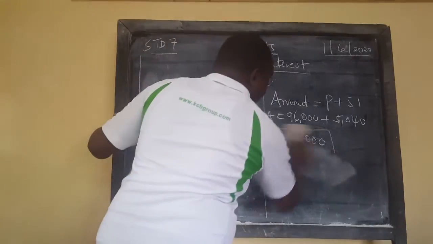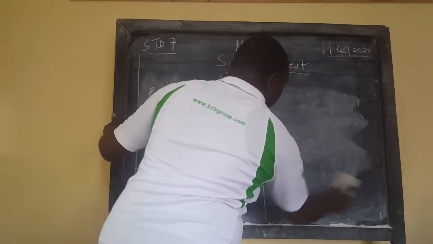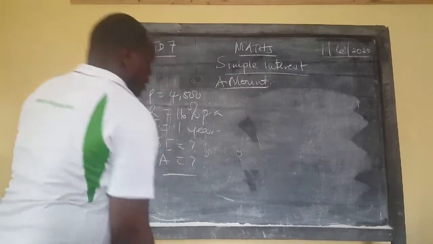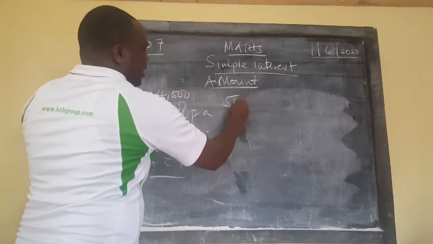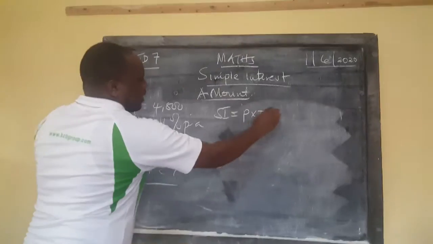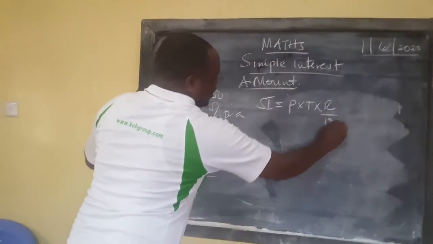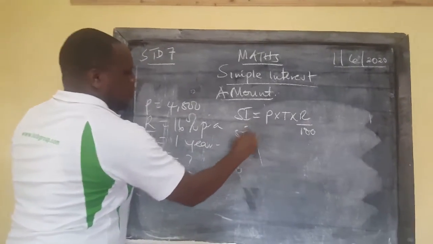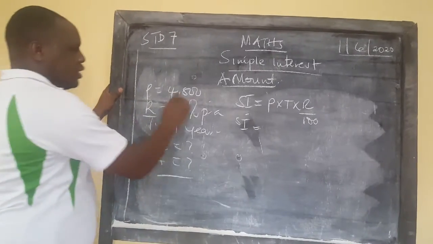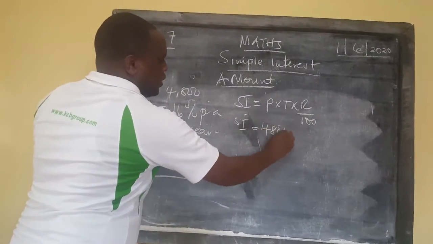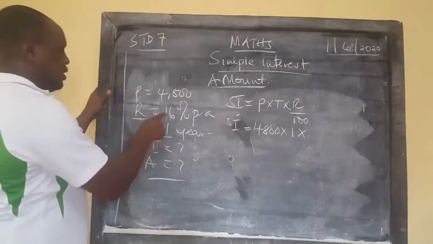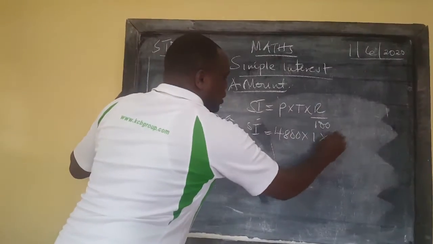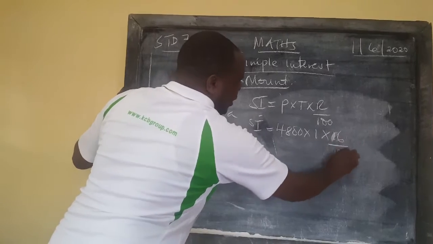So number one, we go direct to our working out. Simple interest will be calculated by the principal times time times rate over 100. Our simple interest therefore will be the principal 4,800 times the time 1 year times the rate 16%, so 16 over 100.